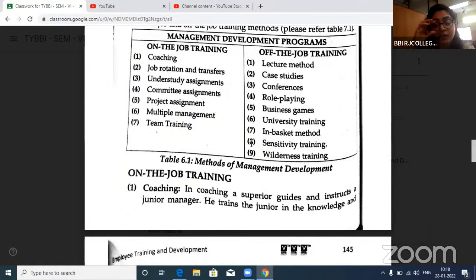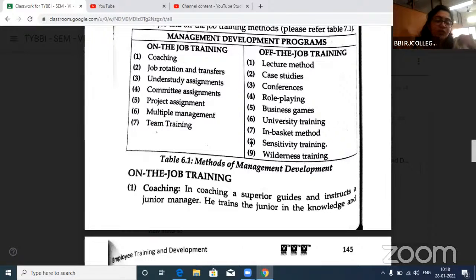Next, understudy assignments. Suppose you are given a task, a project. While handling that project, you are given training: do this way, do that way. That is an understudy assignment. Next, committee assignment. Committee means group. Suppose you are formed into a group with 10 other people.